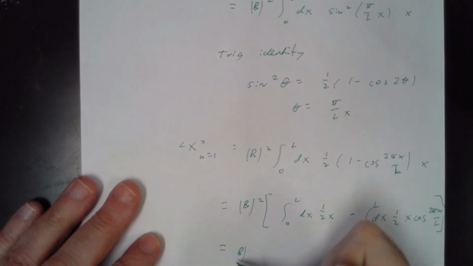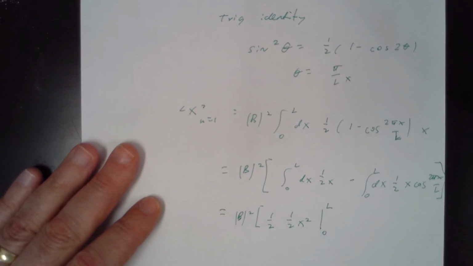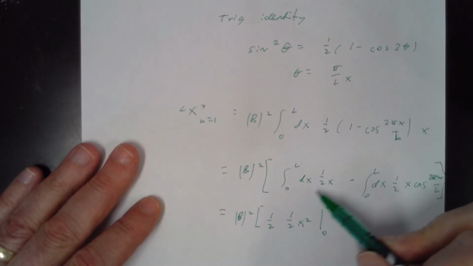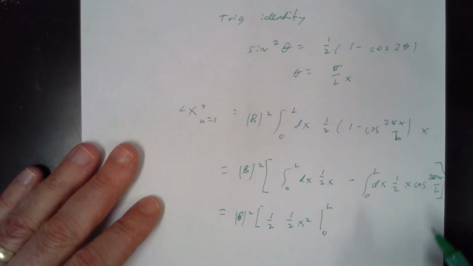So I've got b squared integral of, I'm going to pull out my 1/2. I've got integral of x dx. Well, that's 1/2 x squared. I have to evaluate that between the limits of integration of my definite integral. So that's going to give us that first integral. Then I have to do this one. So this is the integral.